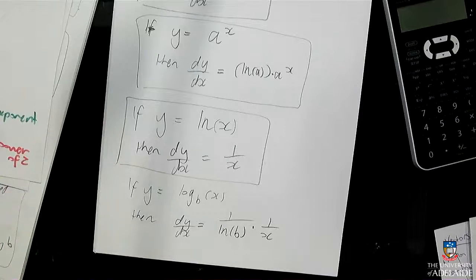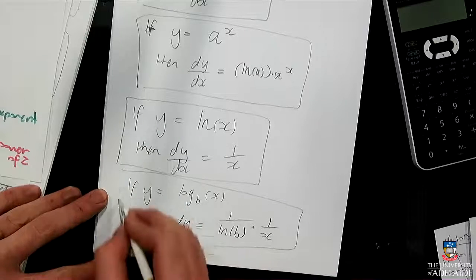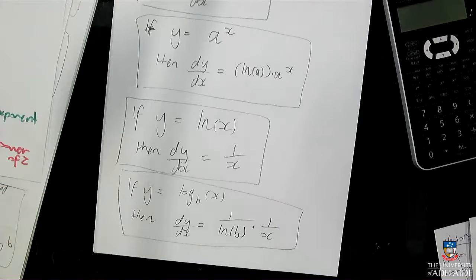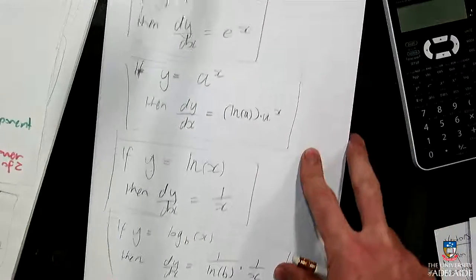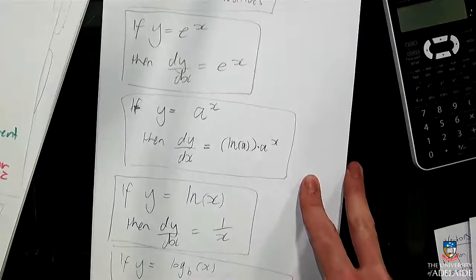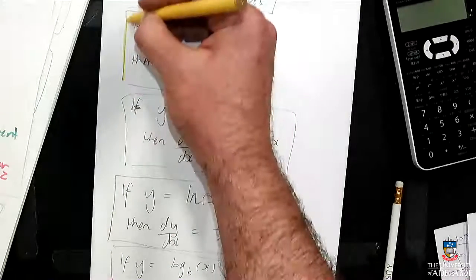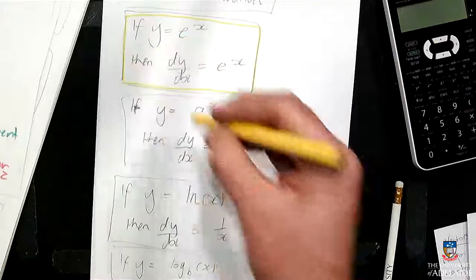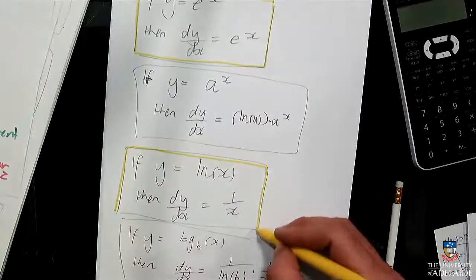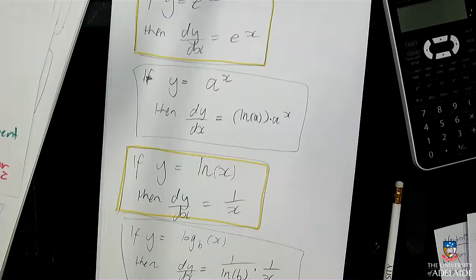It's going to be 1 over ln b times 1 over x. So these are the rules of how these functions differentiate. The only ones you actually have to remember, just for future reference, are these ones, because you can get the other ones from the laws and from the rules for how differentiation works.